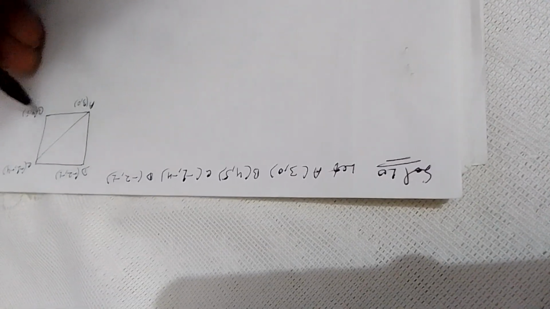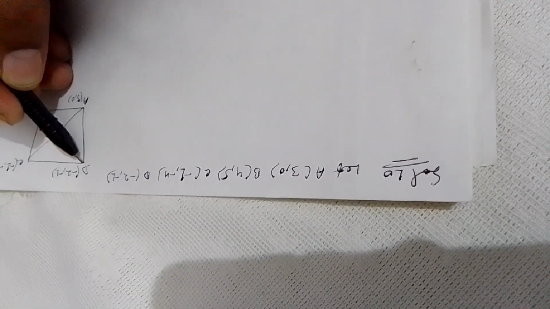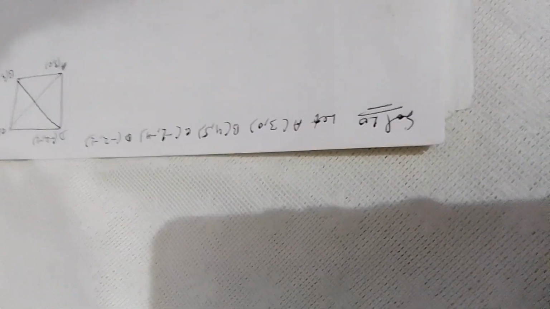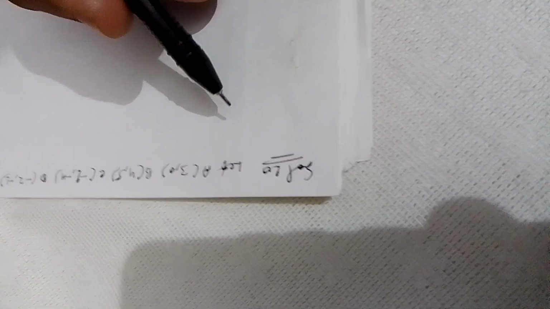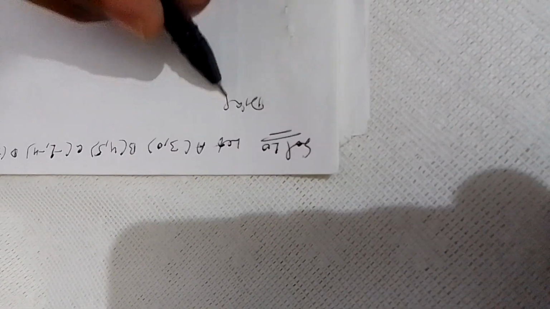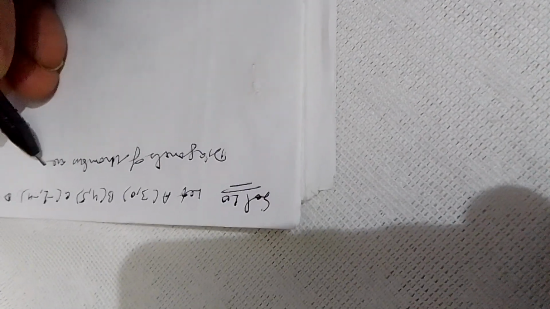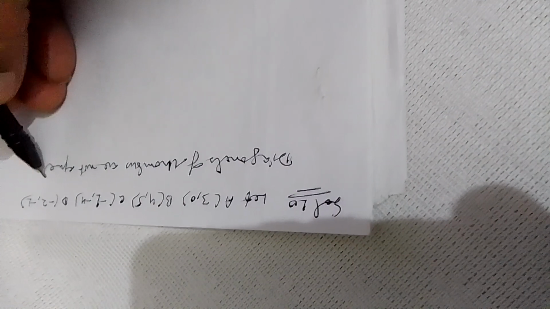AC and BD are the diagonals of a rhombus. We know that diagonals of a rhombus are not equal.